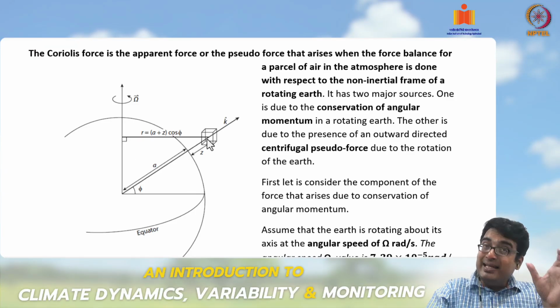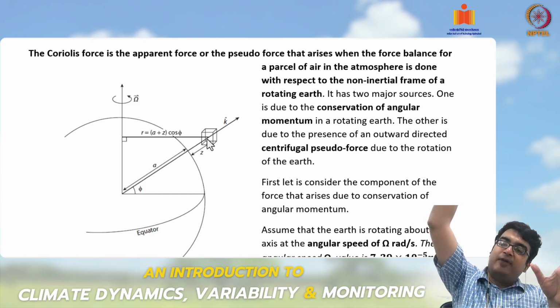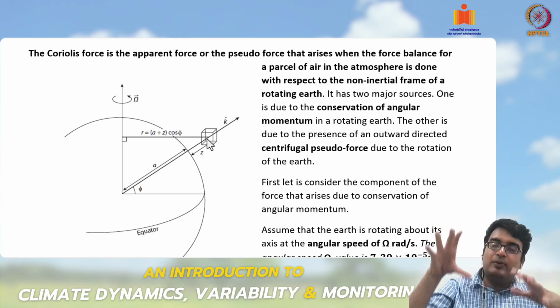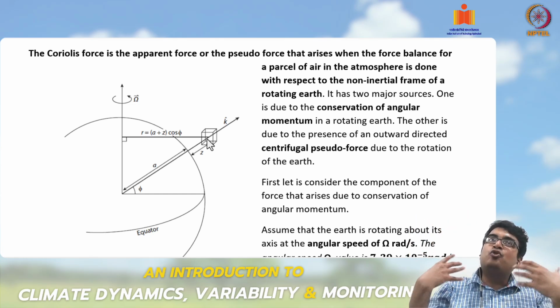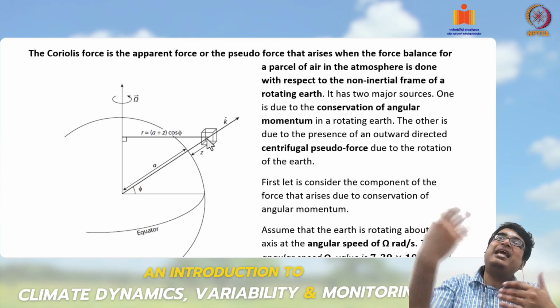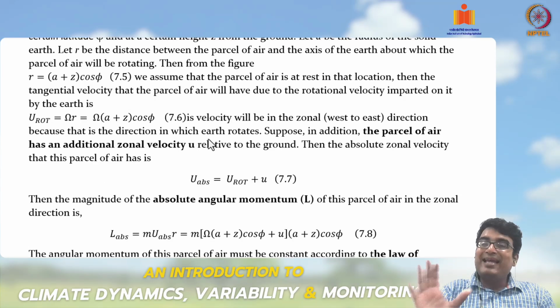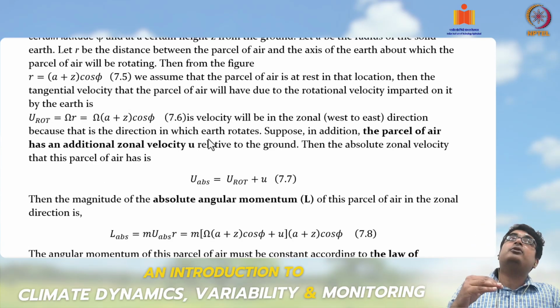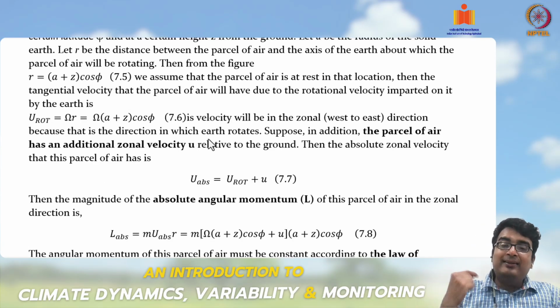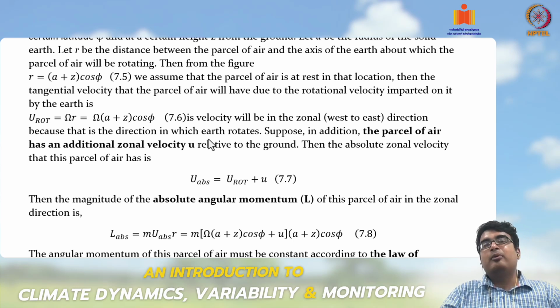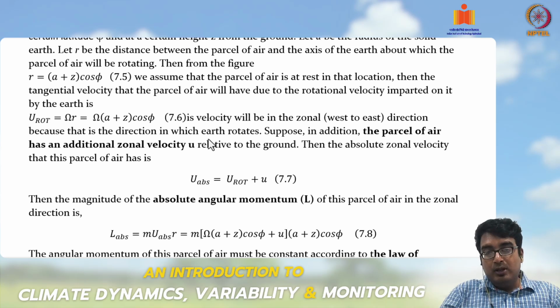So what it means when we say that this parcel of air above me is stationary with respect to the ground is that it is rotating along with the ground with the same angular velocity. So it's actually moving, though with respect to the ground it looks stationary, and that is where this conservation of angular momentum comes into the picture.